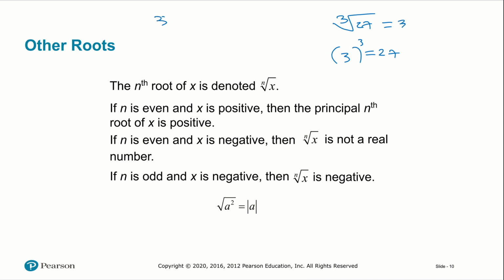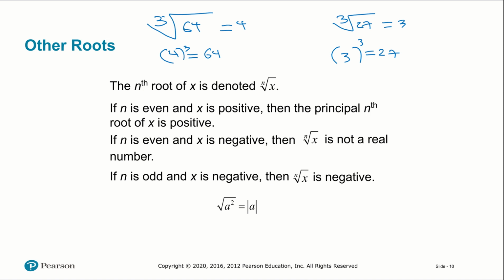What about the cube root of, say, 64? Is there a number that you can think of that, when you cube it, you get 64? Yes, in fact, that is 4. So the cube root of 64 is 4. Why? Because 4 cubed equals 64.